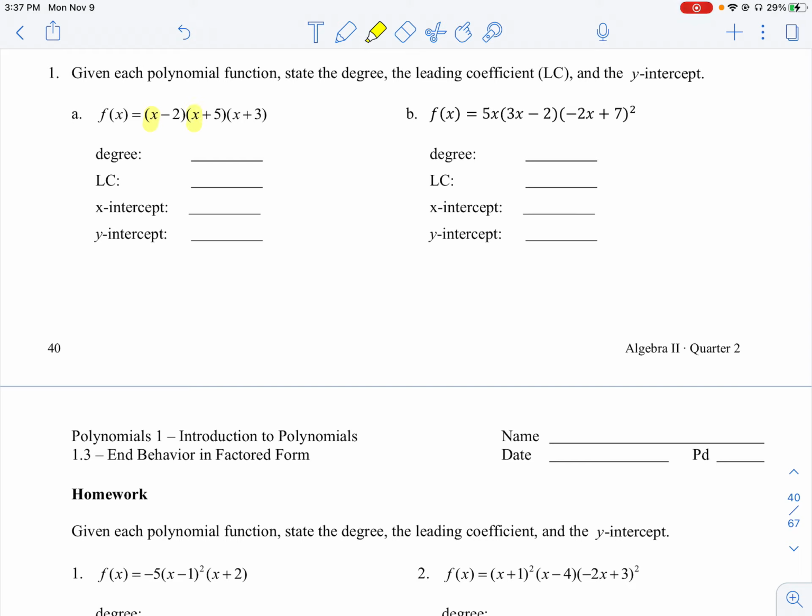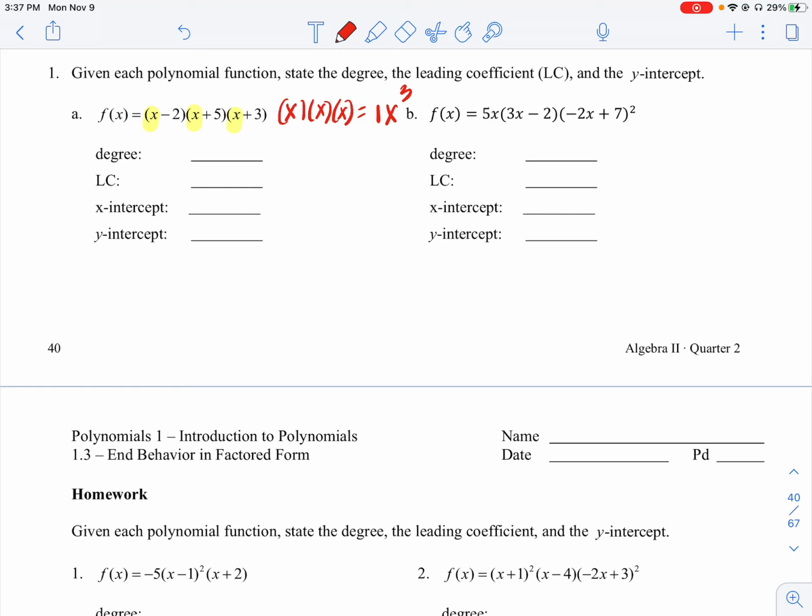That is x times x times x, which is 1x cubed, because everything has a 1x, 1x, and 1x. And so 1 times 1 times 1 is just 1x cubed.